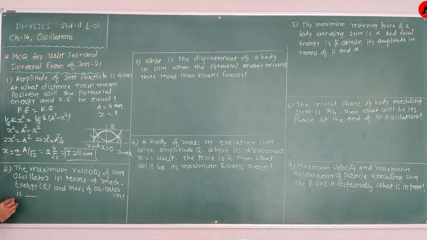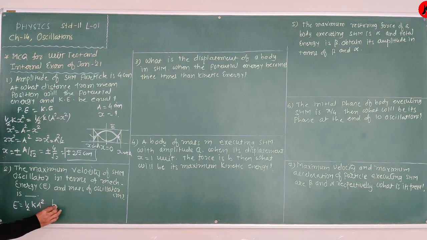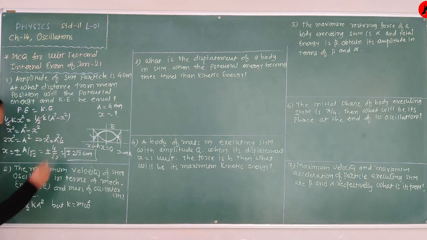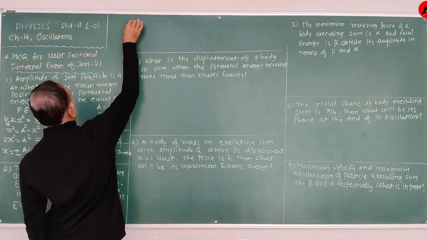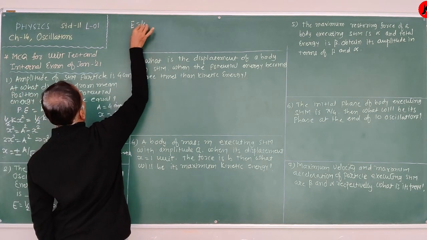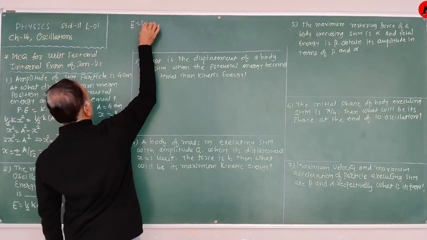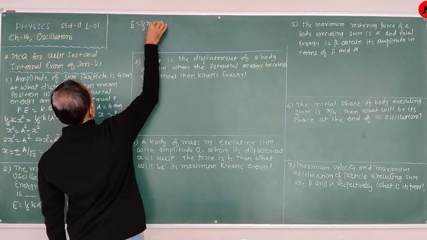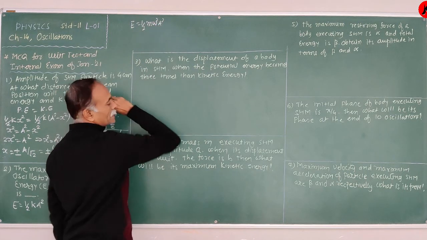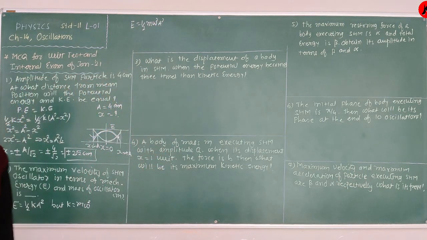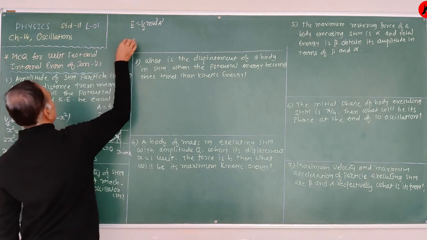We know that E is equal to half k a square. But we know that k is equal to m omega square. Therefore, total energy is equal to half m omega square a square.